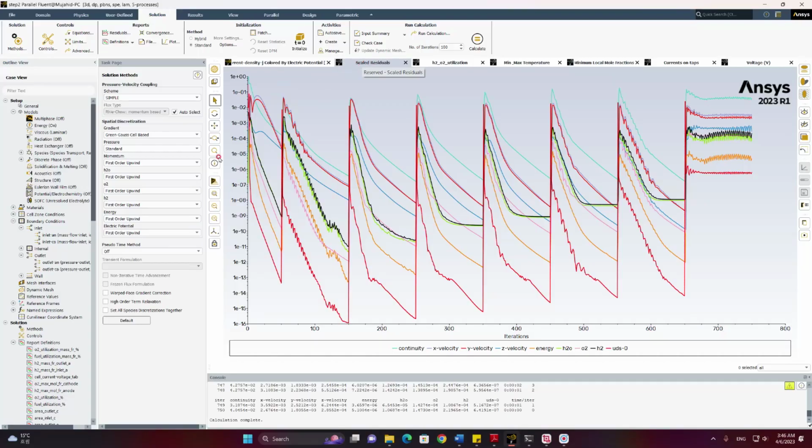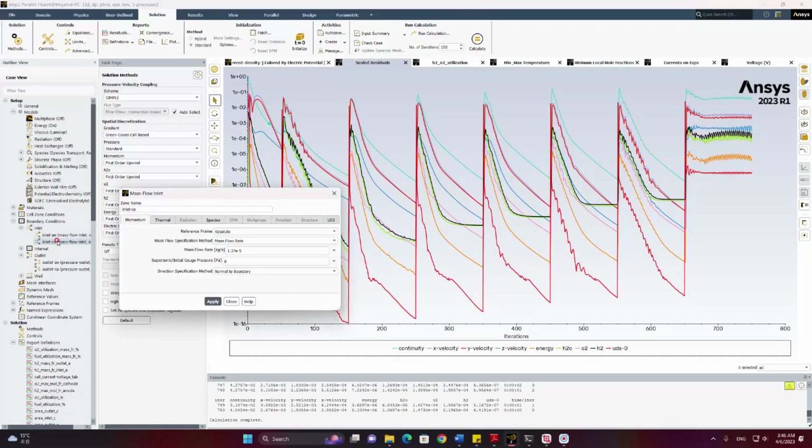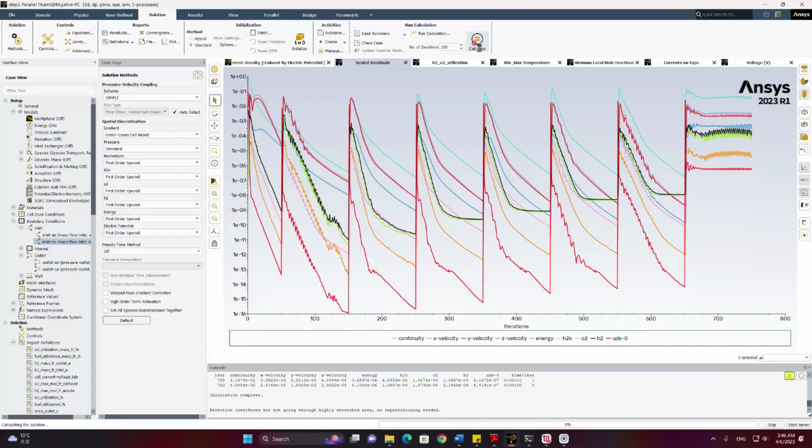If the oxygen is not adequate at the electrolyte surface, now we will increase not the flow rate, only the species concentration of oxygen, because nitrogen is providing hindrance for the oxygen to reach the electrolyte surface. Right now it's 0.23, and we increase it to 0.345, apply, and again solve it.